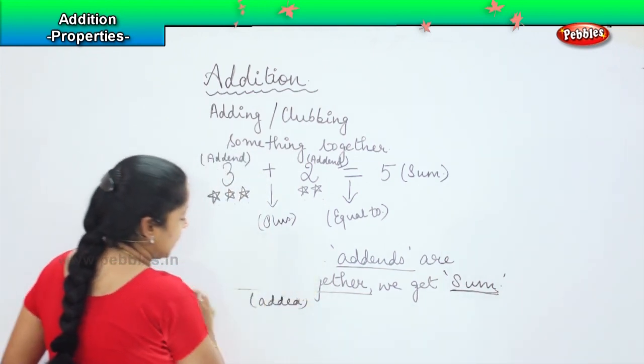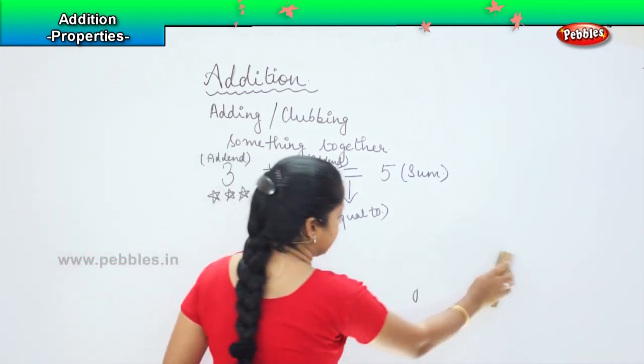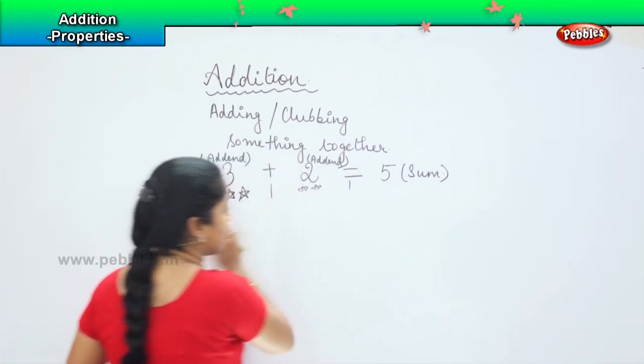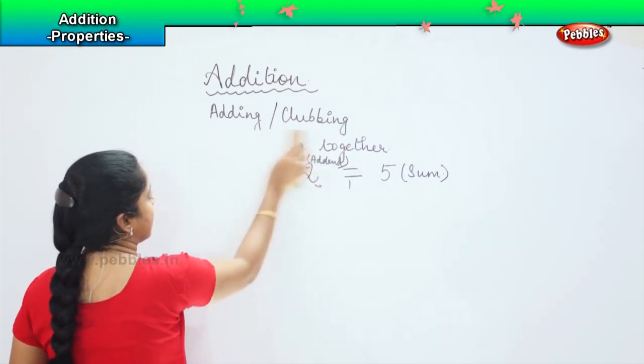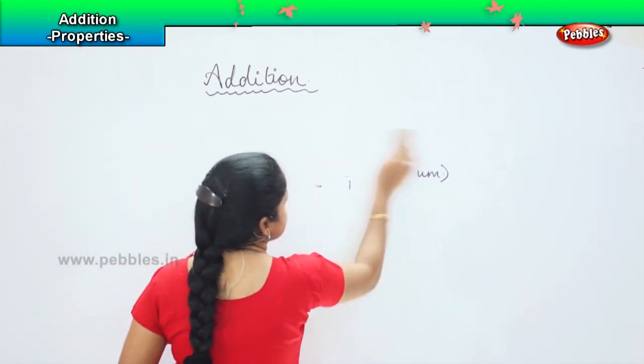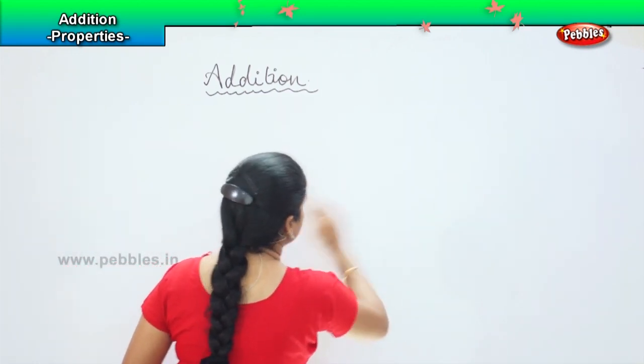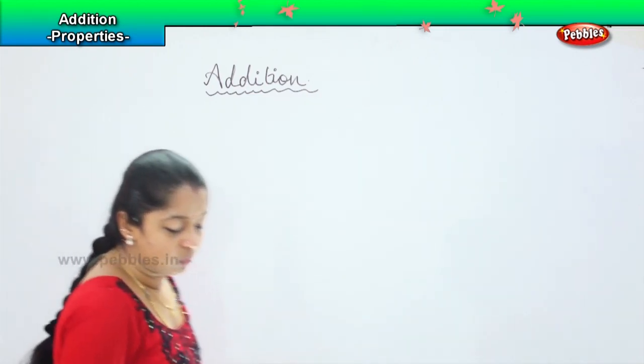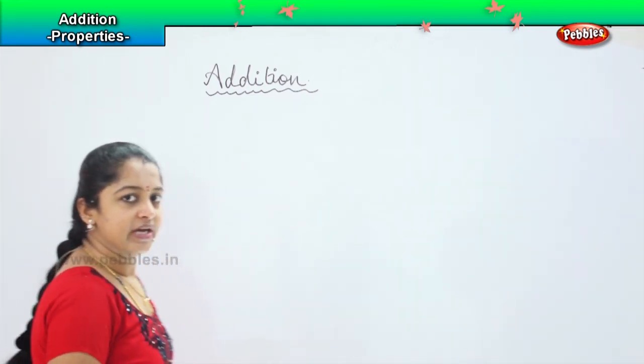Now we have a few properties of addition which we have to follow while we perform our sums. So shall we come to the properties, children? These are the basic properties which you have to keep in mind when we will be doing different varieties of sums.